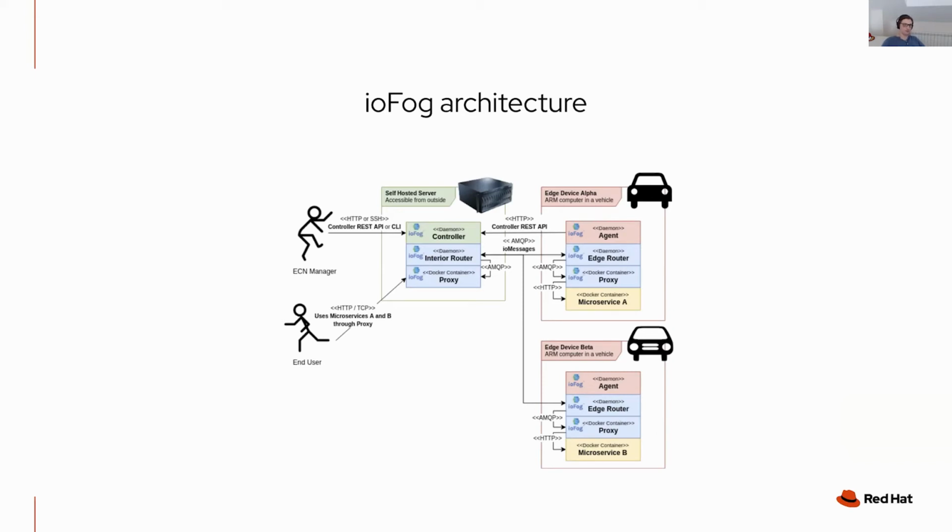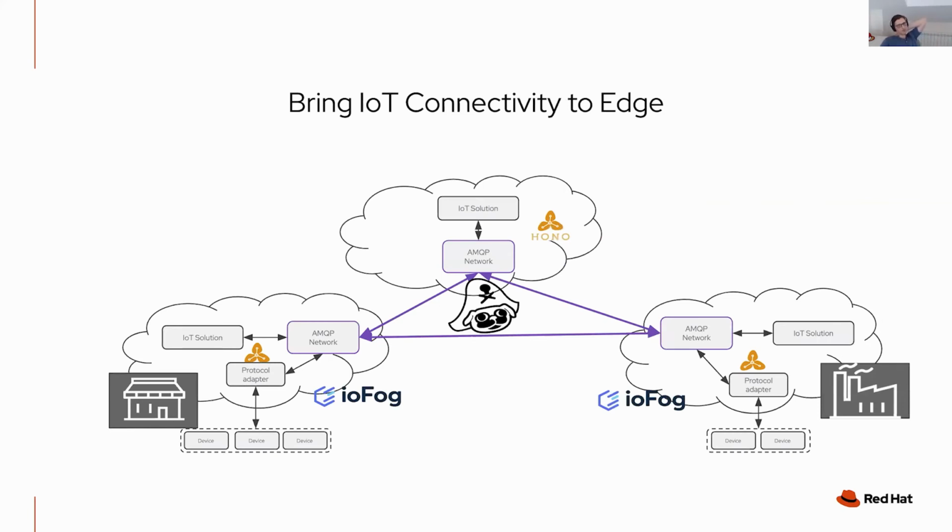The ioFog project implements appropriate proxy services so that the microservices can invoke those proxy services and basically reach out. So microservice A can reach out to microservice B without being able to directly connect to that edge location. As you can see, we now have all the bits and pieces we need for this.